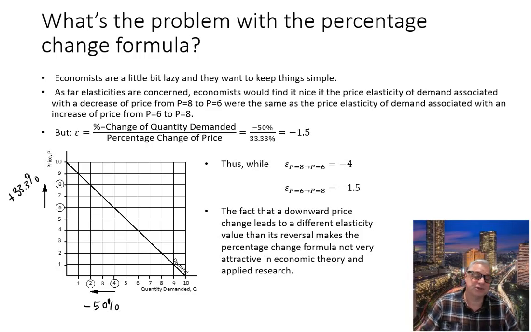But when we go the same way back, we get only a price elasticity of 1.5. So the fact that the downward price change leads to a different elasticity value than its reversal makes the percentage change formula not very attractive in economic theory and applied research. So we just don't like that.